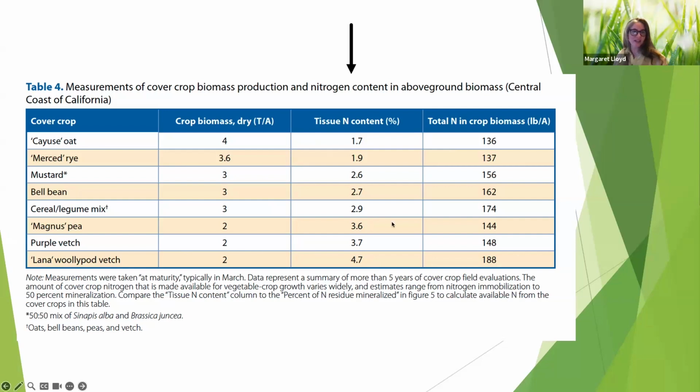And to get the total nitrogen in crop biomass, you'll be multiplying the crop biomass times the tissue N content. So you can see that from an oat to a woolly pod vetch, you're ranging from about 136 to 188 pounds of total nitrogen per acre from a cover crop.